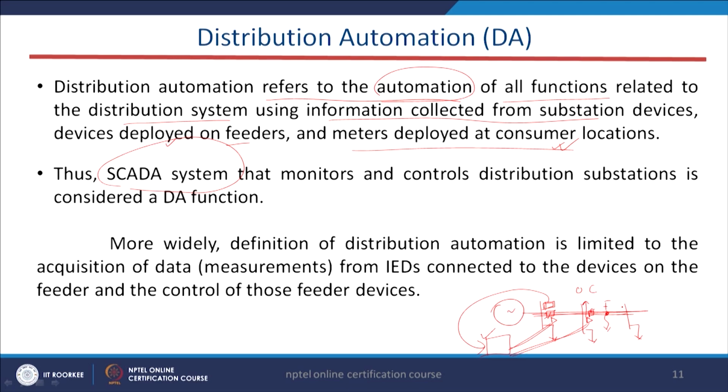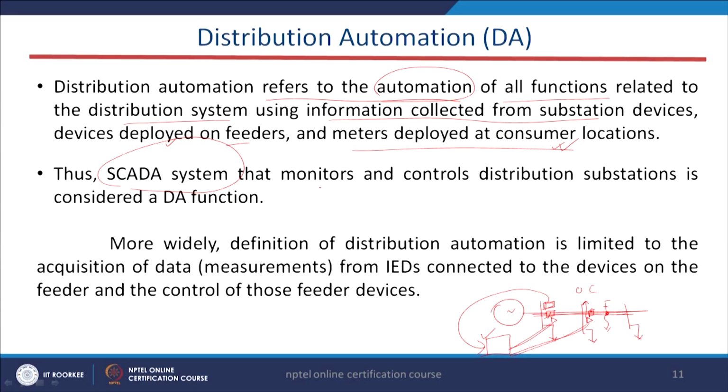Basically the circuit breakers, the isolators, the reclosers, we have sectionalizers, so many components. So that is what SCADA systems do, they monitor and control the distribution substations and it is considered as a DA function. DA means the distribution automation function.